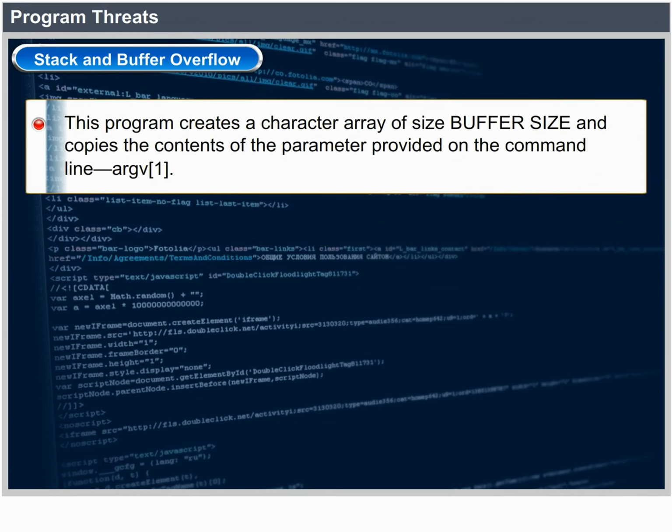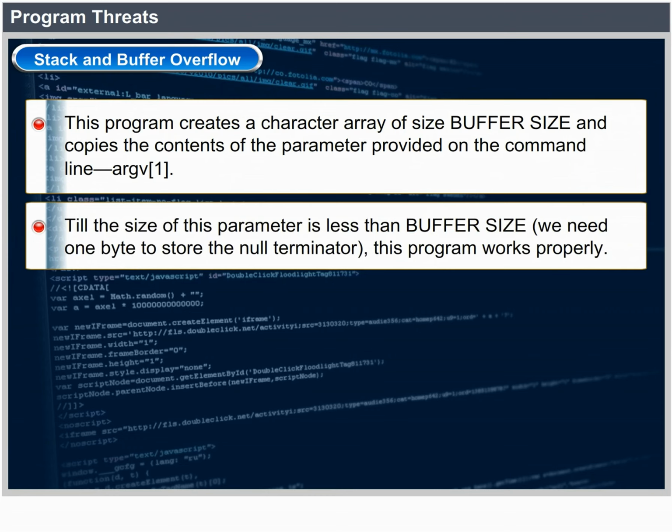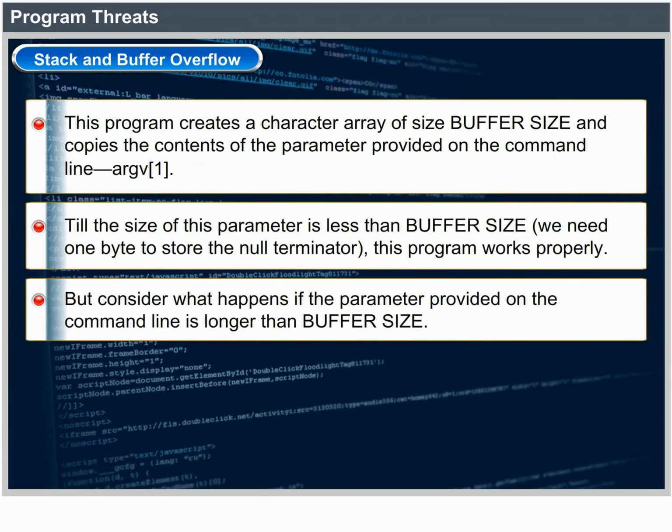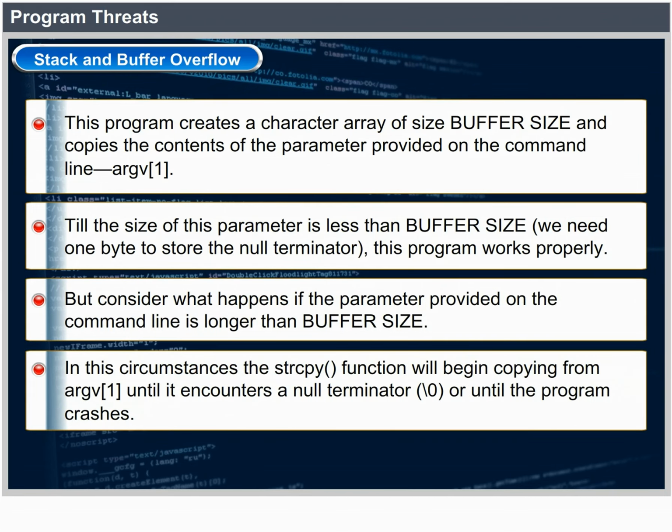As long as the size of this parameter is less than BUFFER_SIZE, we need 1 byte to store the null terminator. This program works properly. But consider what happens if the parameter provided on the command line is longer than BUFFER_SIZE. In this scenario, the strcpy function will begin copying from argv[1] until it encounters a null terminator or until the program crashes.